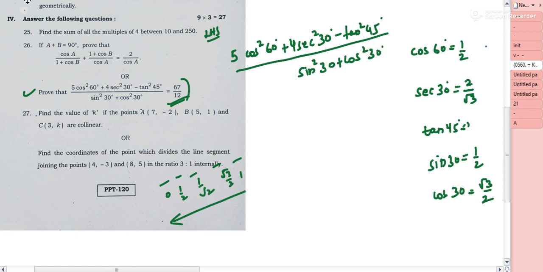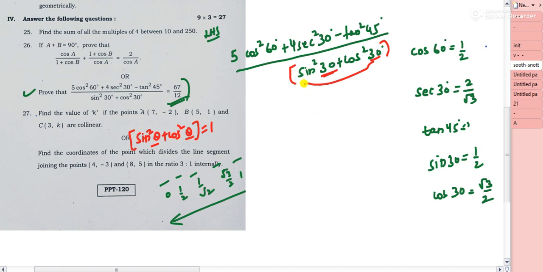If you look at the denominator, these two are in the identity sine square theta plus cos square theta, and theta is the same in both cases, 30 degree. So what is the value of these two as per the identity? It is 1. Understood? In the denominator you will get the value as 1.